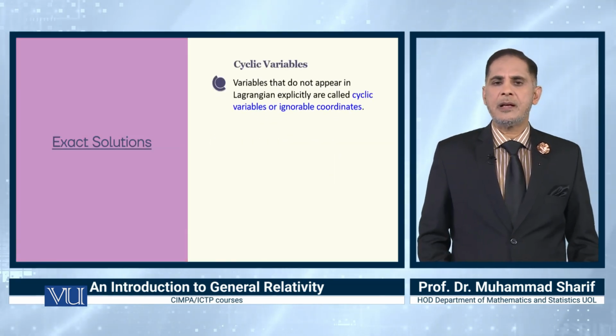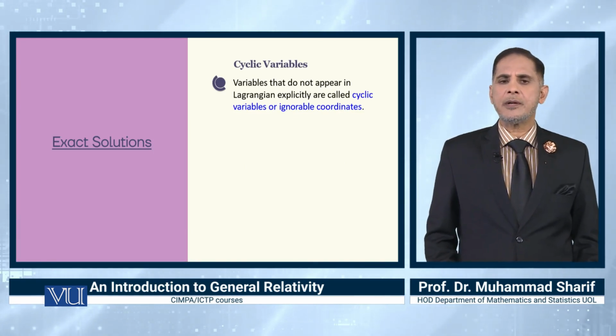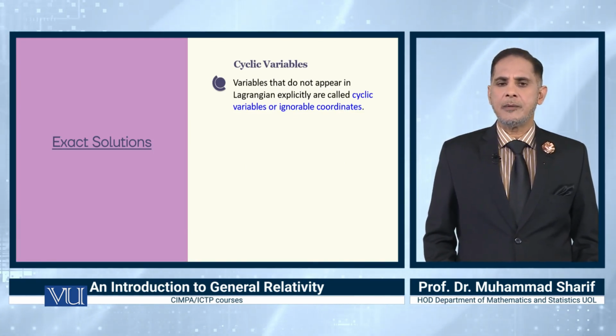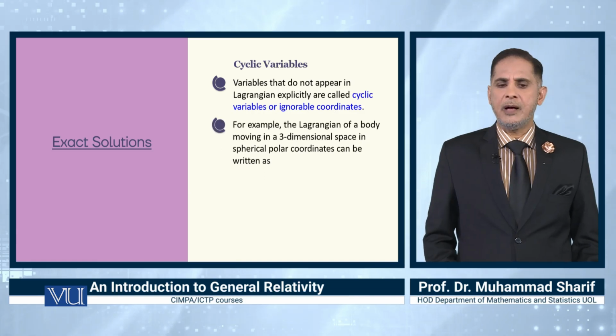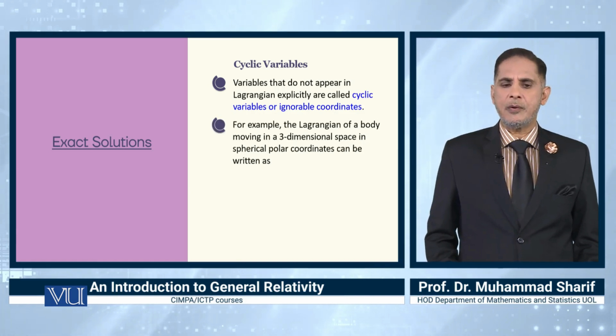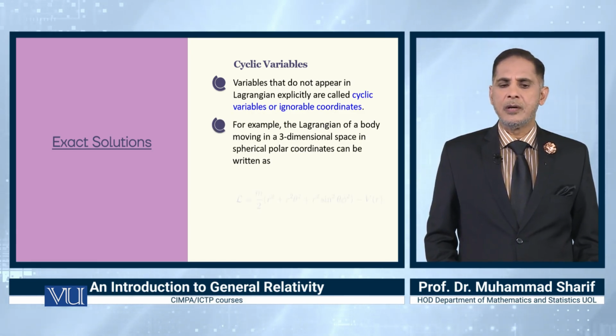Now, we define cyclic variable. This is a very important variable because it facilitates the calculations. Variables that do not appear in the Lagrangian explicitly are called cyclic variables or ignorable coordinates. For example, if we consider the Lagrangian of a body moving in 3-dimensional space in spherical polar coordinates, we can write the Lagrangian in the following form.